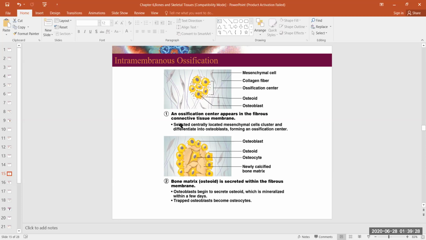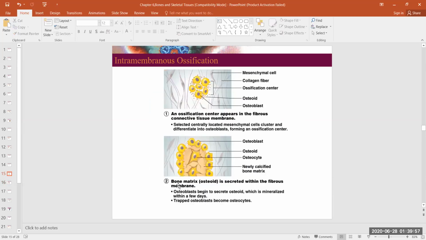So at the beginning, what happens? Number one, an ossification center appears in the fibrous connective tissue membrane. There is fibrous connective tissue, and then this ossification center develops, and that comes from mesenchymal cells. Selected centrally located mesenchymal cells cluster and differentiate into osteoblasts, forming an ossification center. So it is like a center for bone formation.